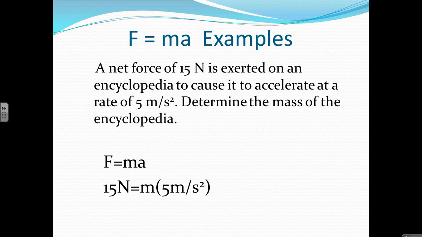We plug in for force, 15 newtons, equals mass, and our acceleration is 5 meters per second squared. And using this, we solve for our mass, which is 3 kilograms. And it makes sense, 3 kilograms times 5 meters per second squared is 15 kilogram meters per second squared, which is equivalent to a newton.